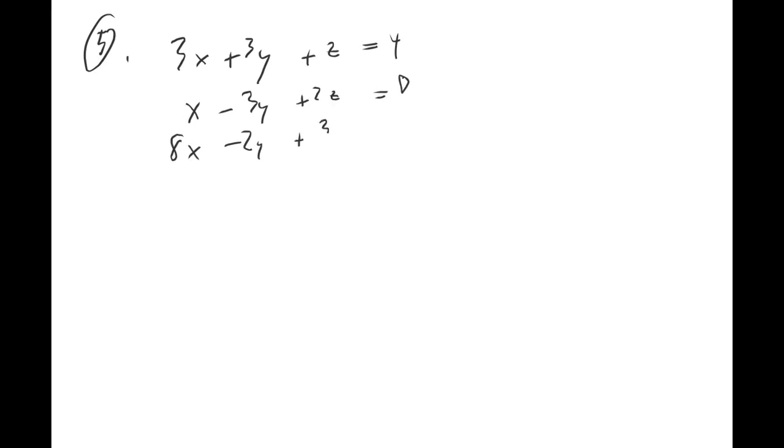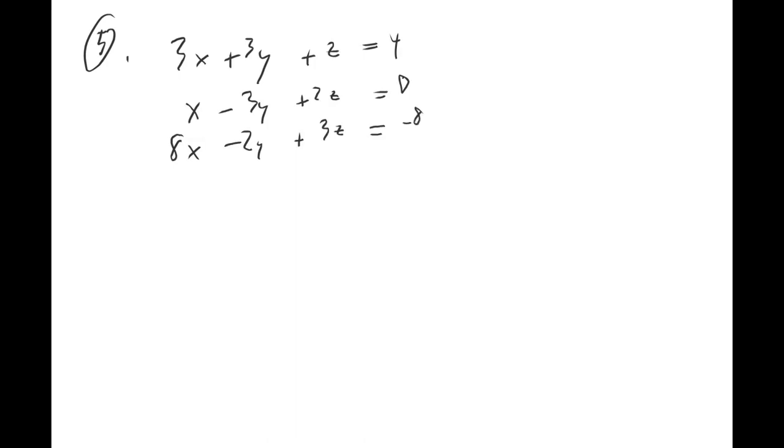Problem 5 says, solve the system of equations 3x plus 3y plus z equals 4, and then x minus 3y plus 2z equals 0, and 8x minus 2y plus 3z equals negative 8.